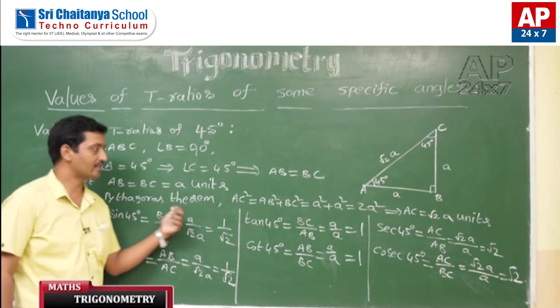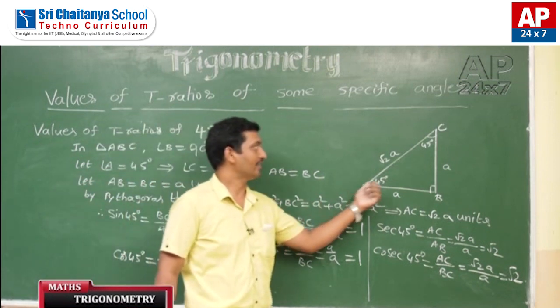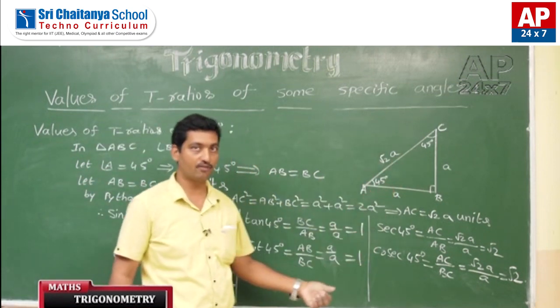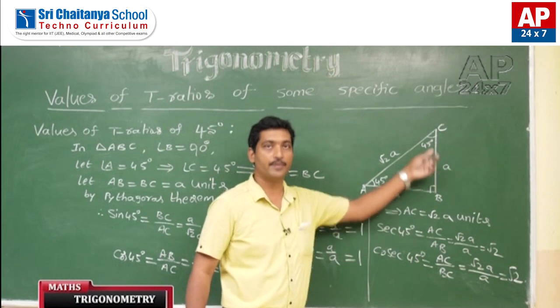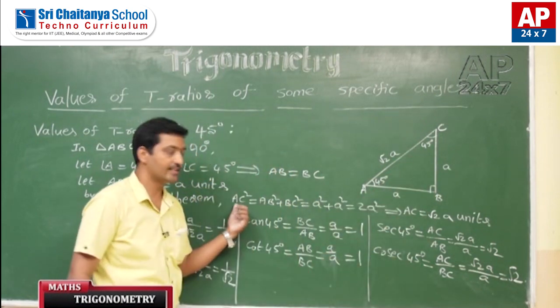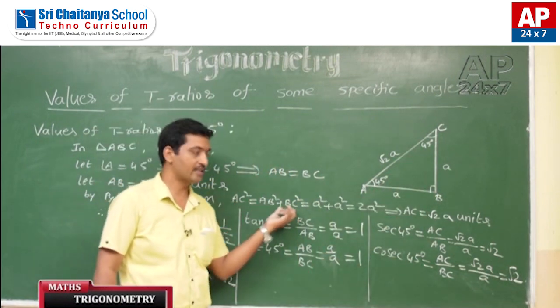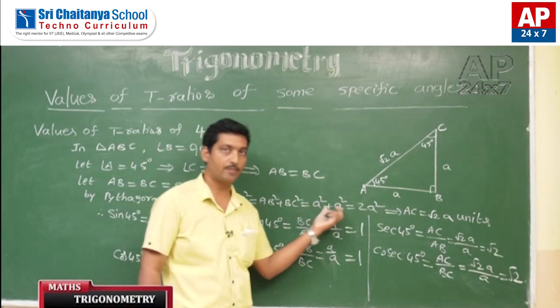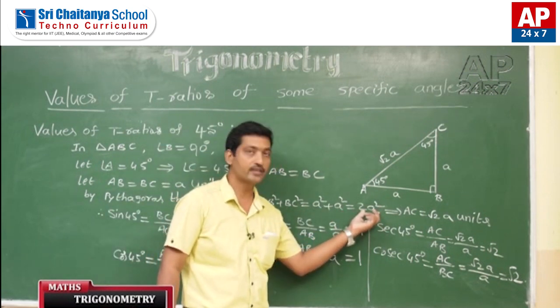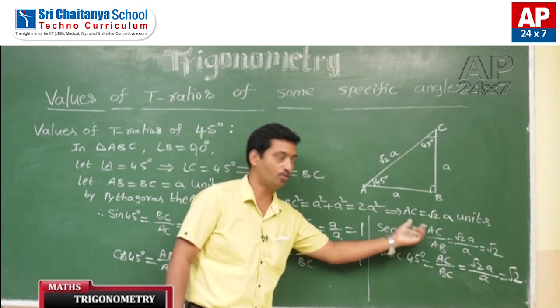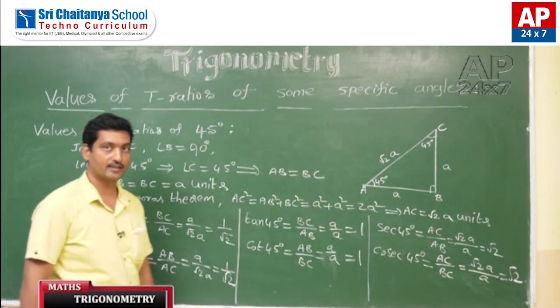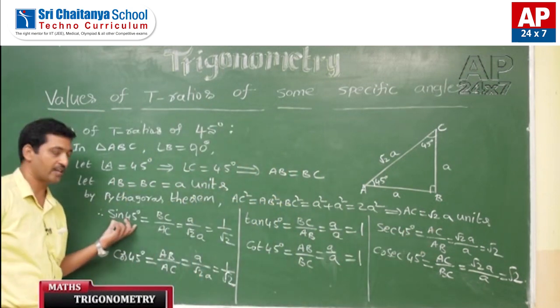Now by Pythagoras theorem, I can find AC value. AC square is equal to AB square plus BC square. Then AC square is equal to A square plus A square, which is equal to 2A square. Therefore, AC is equal to root 2A units. Now, sine 45 degrees.